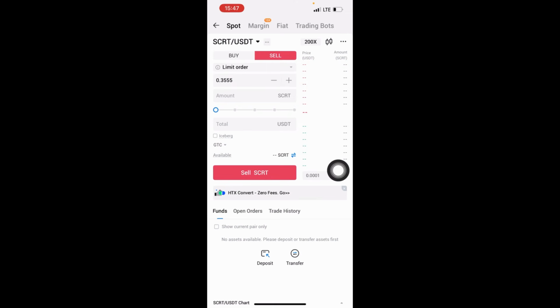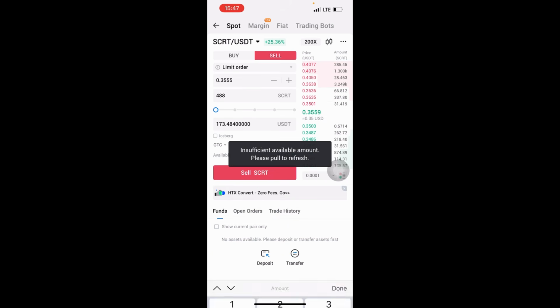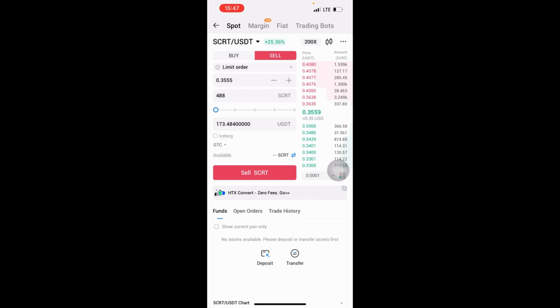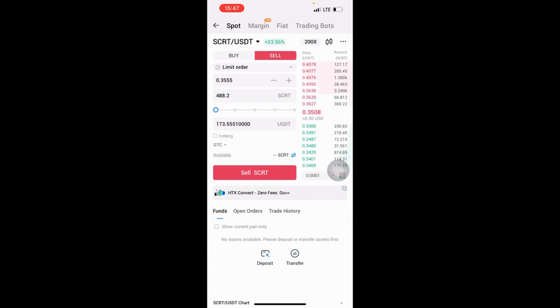And when I come to the ATX and I want to sell 488, I'll be getting 173. So if I add the 0.2 to it, I'll be getting 173.55. You see, yeah. So this is it.